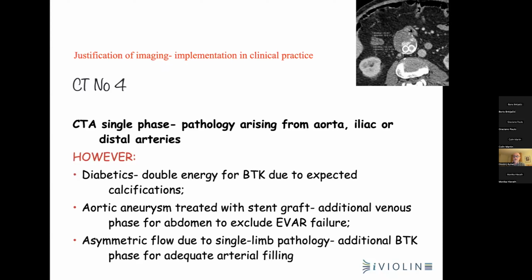For an aortic aneurysm treated with stent graft, we need an additional venous phase to exclude EVAR failure. In asymmetric flow, due to a single limb pathology, an additional below the knee phase will allow us adequate filling of diseased arteries on a single limb.